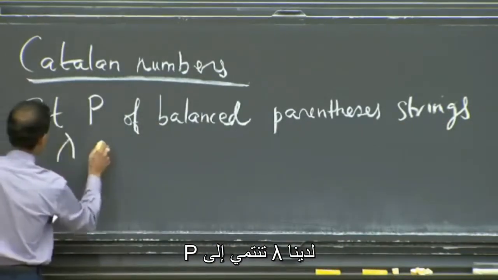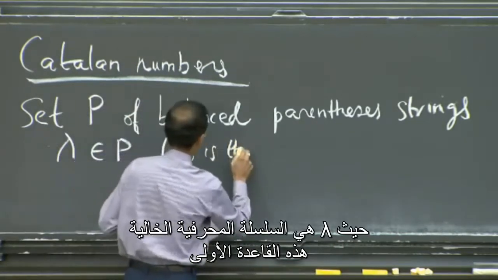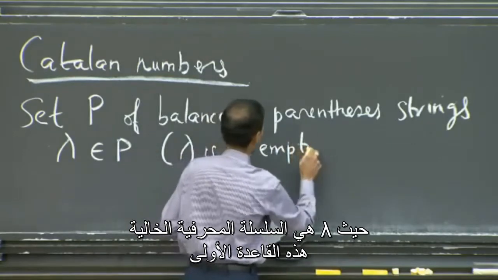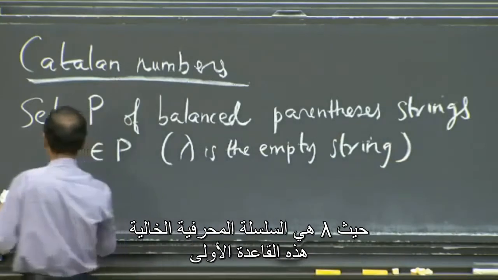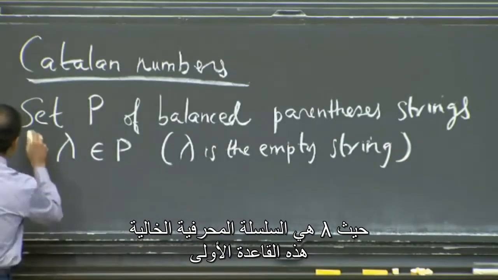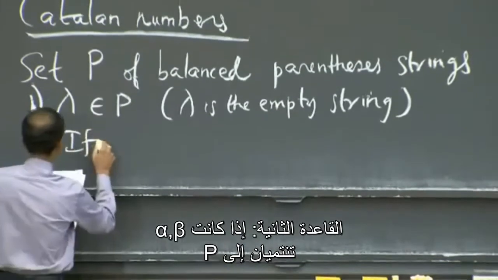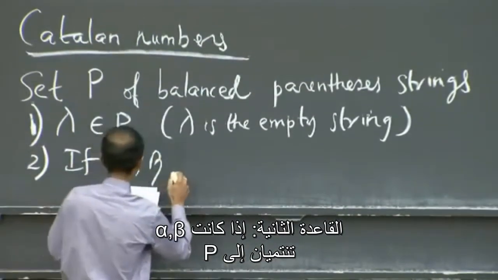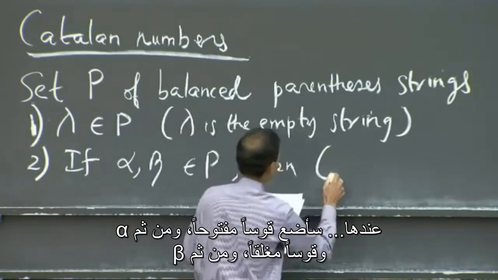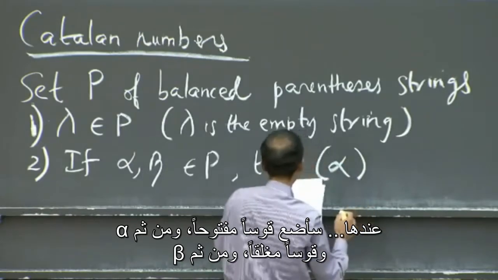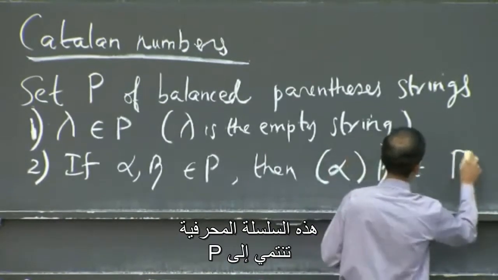We're going to have lambda belonging to P, where lambda is the empty string. And that's rule 1. Rule 2 is if alpha and beta belong to P, then I'm going to put an open paren, alpha, close paren, and then beta, and that belongs to P.